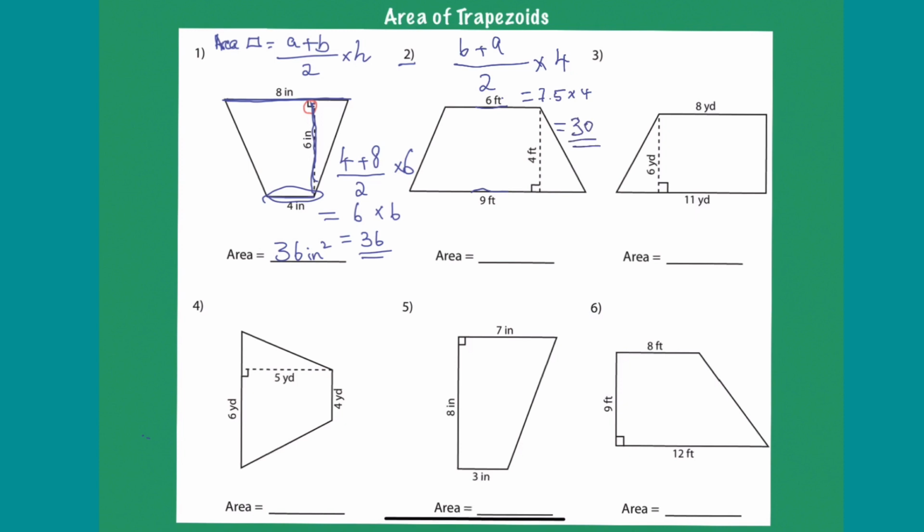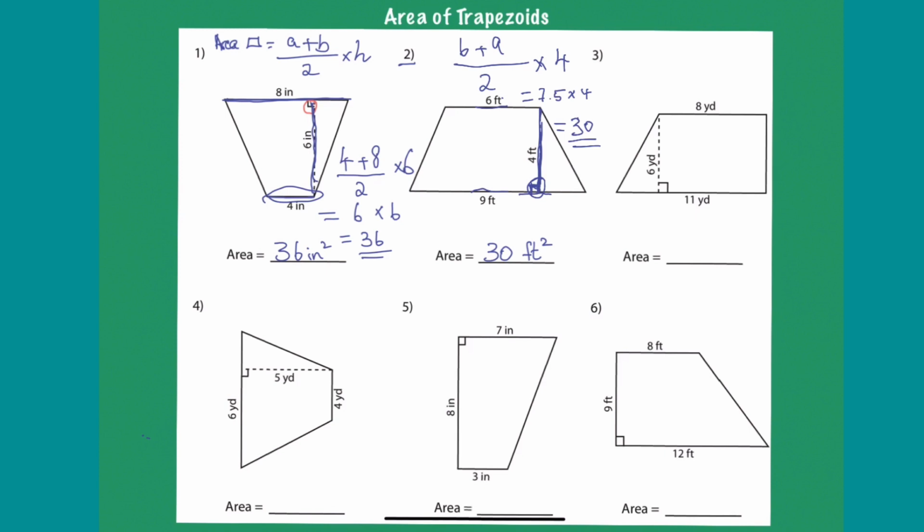So your final answer is 30 square feet. Okay? Now don't forget, you found your height because it was perpendicular to the base, according to the right angle. And that's why this is your height.